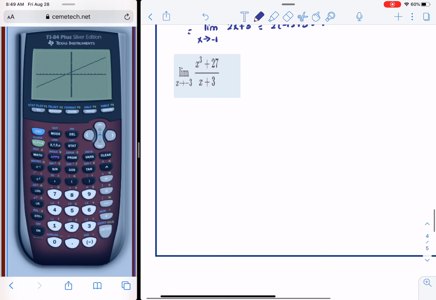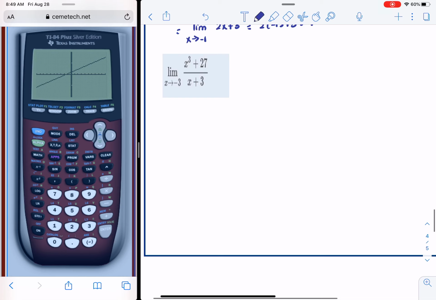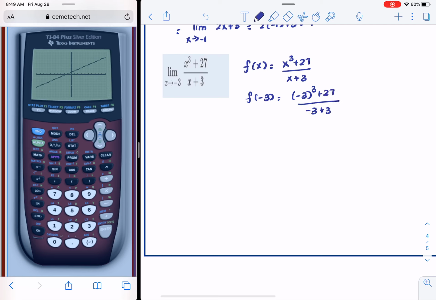So here is a strange looking function where we have x cubed plus 27 divided by x plus 3. And f of negative 3 would be x cubed plus 27, we can plug that in. Negative 3 plus 3.